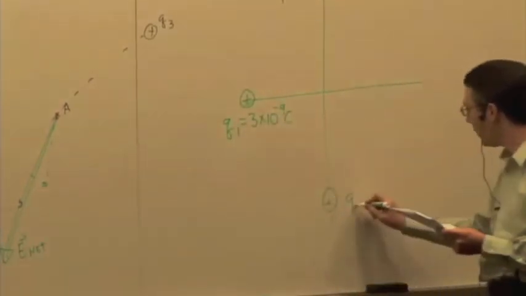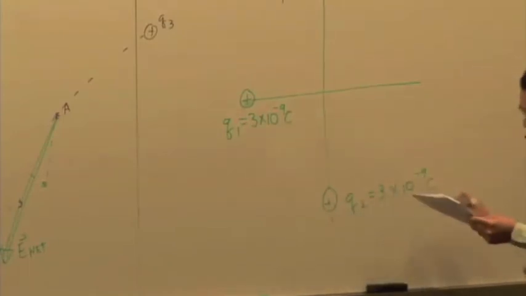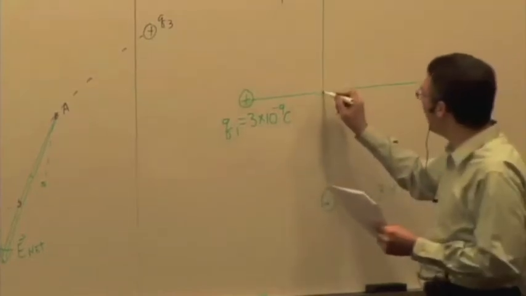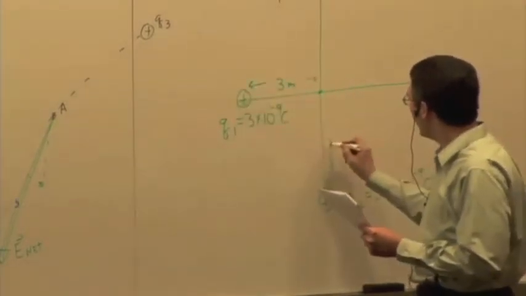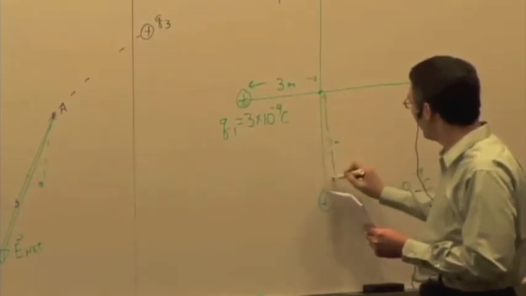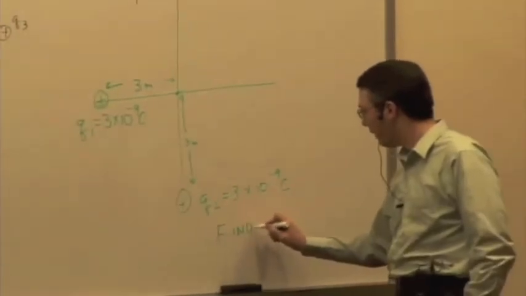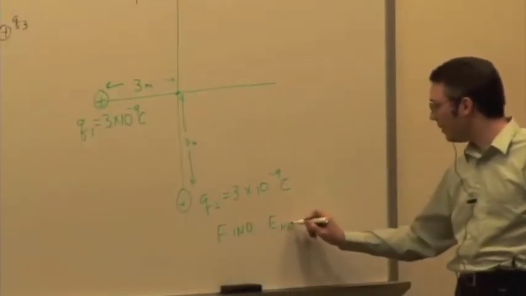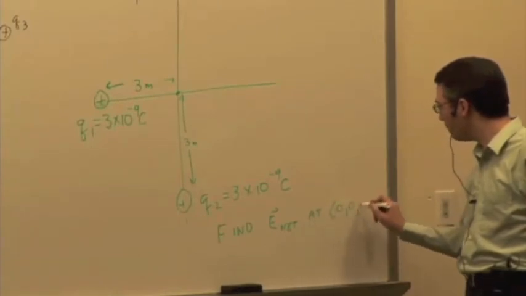Let's say Q2 is the same thing, so we'll make them identical just for simplicity. And also say they're the same distance away from the origin. Let's say this is 3 meters and this is 3 meters. Okay, and I want to find the net electric field at the origin, at 0, 0, 0. Okay?